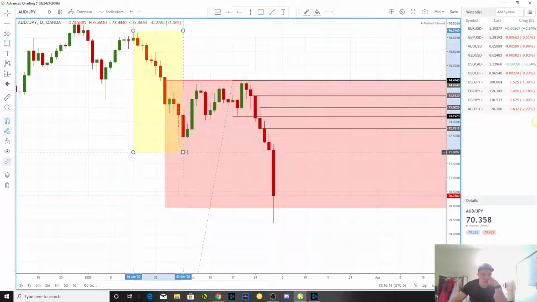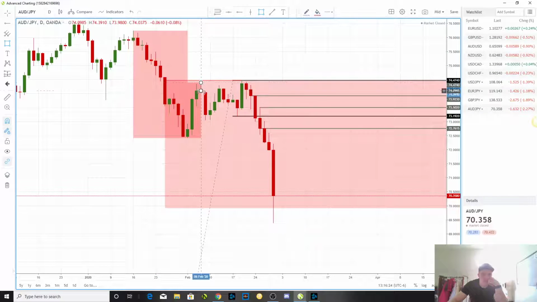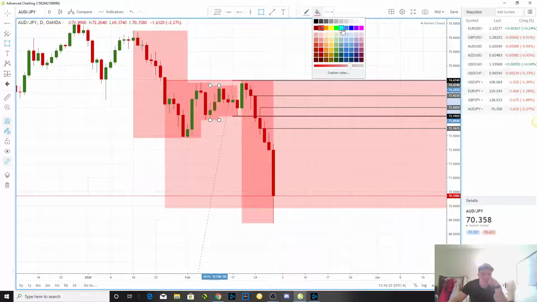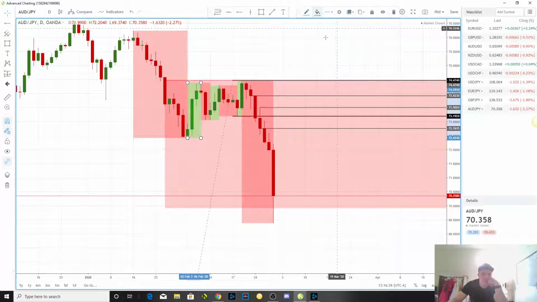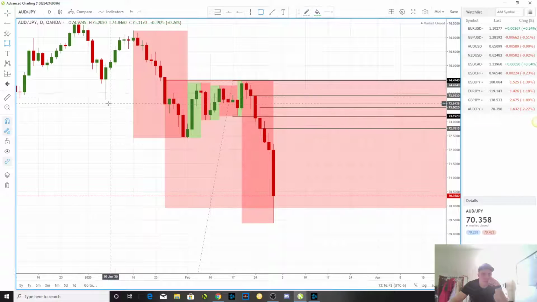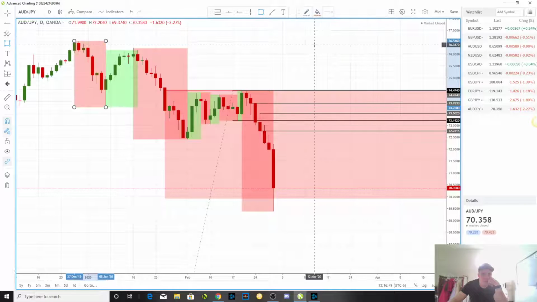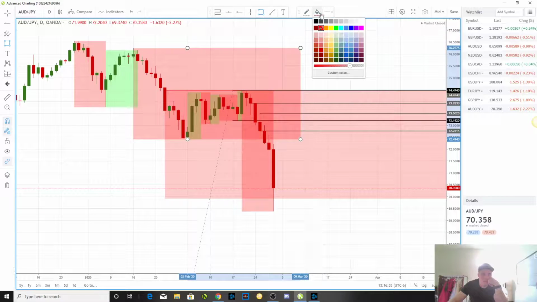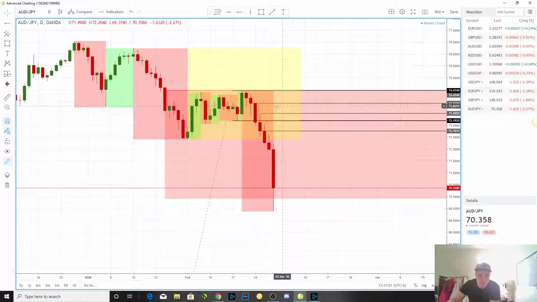Yeah, so see, this would be a great example. So you got your big move down, you got your yellow candle, or your yellow box, just kind of indicating that all this is inside of this.